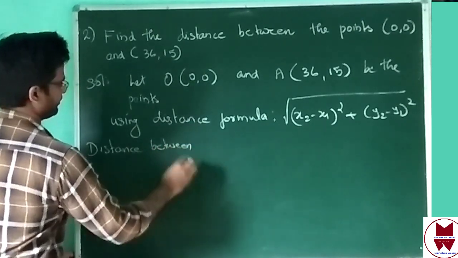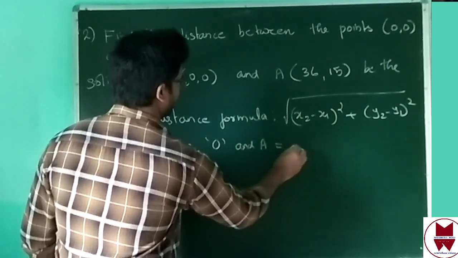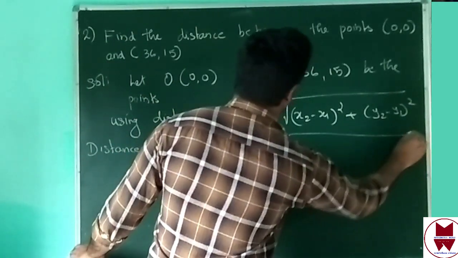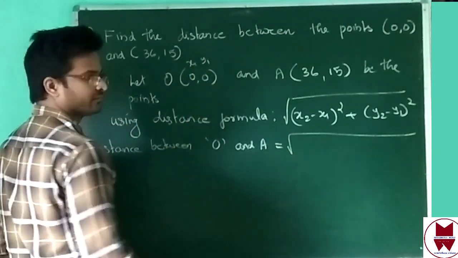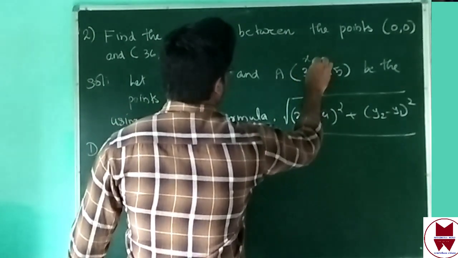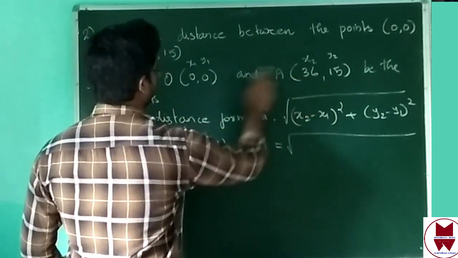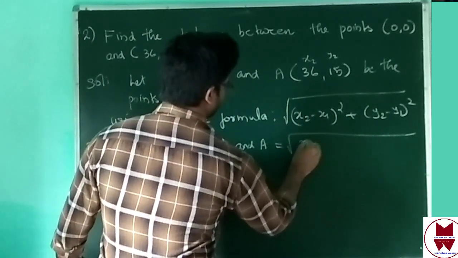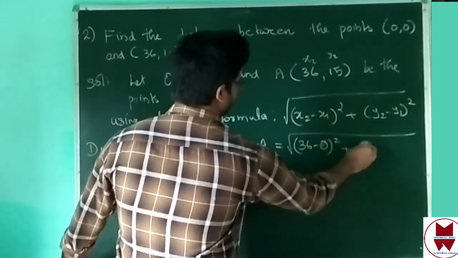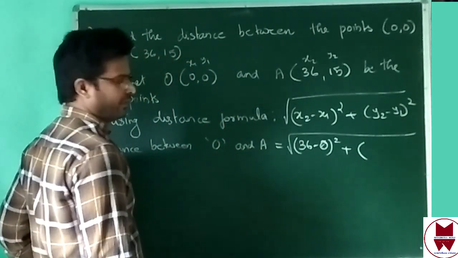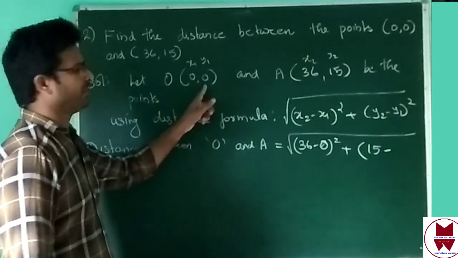Distance between O and A equal to square root of, then this is x1 y1, the next point x2 y2. x2 minus x1, that is 36 minus 0. 36 minus 0 whole square. y2 minus y1. y2 is 15 minus y1 0.